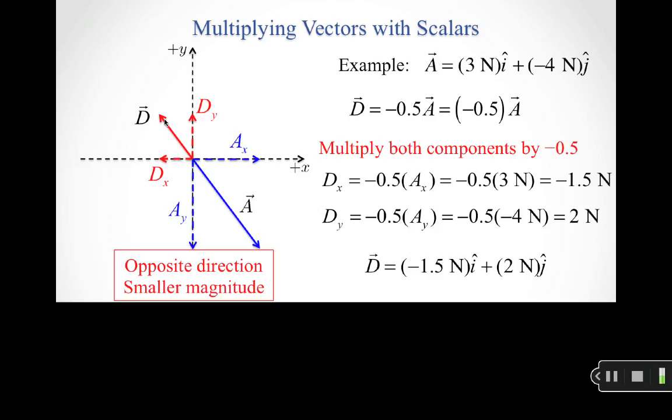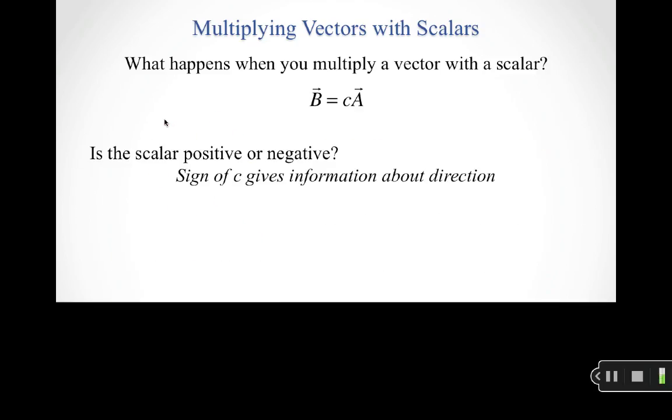So thinking about these three examples, let's see what conclusions I can draw. When I multiply a vector by a scalar, there are two things I can figure out just from thinking about that scalar C. One is, what happens to the direction? That's thinking about whether or not my scalar is positive or negative.